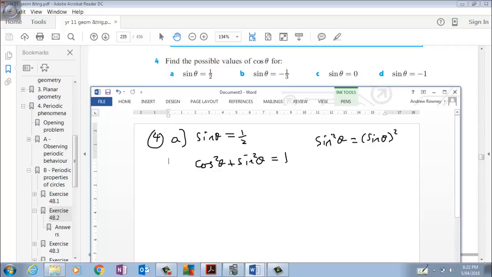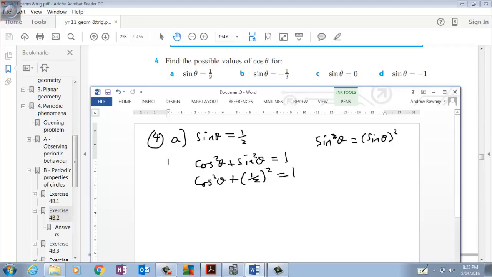That's a shorthand way of writing it, so you don't have to put brackets in. So we're going to put sine theta as a half into brackets and square it. So we've got cos squared plus a half squared equals 1.